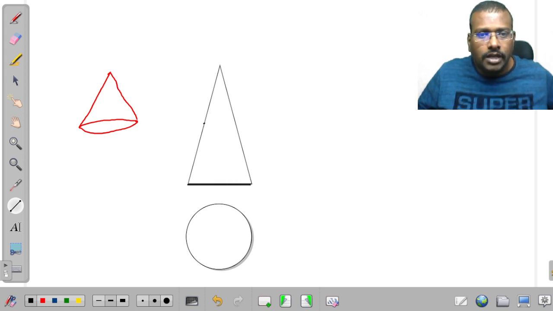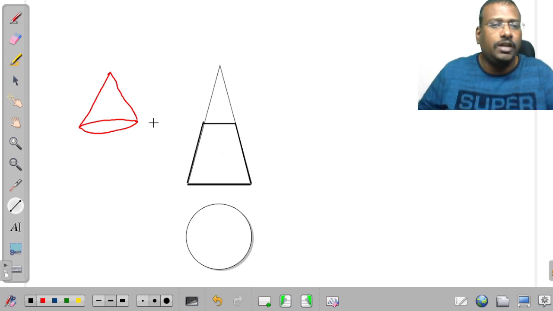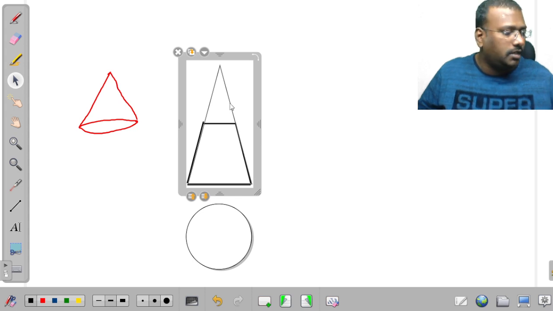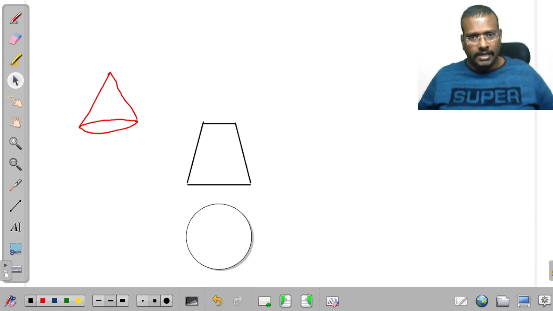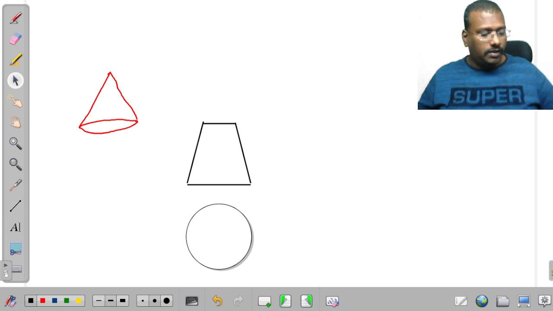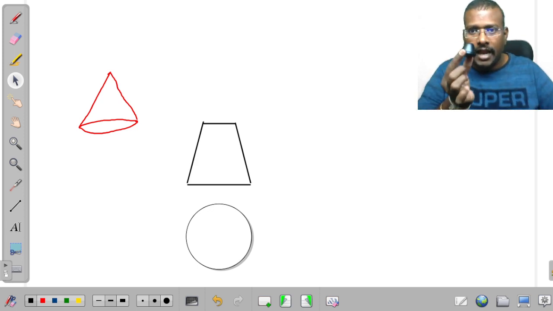We are going to cut here and remove the top portion of it. Then we are going to get the object like this. Front view is like this. Once you cut the cone like this, the bottom surface is going to be like this.